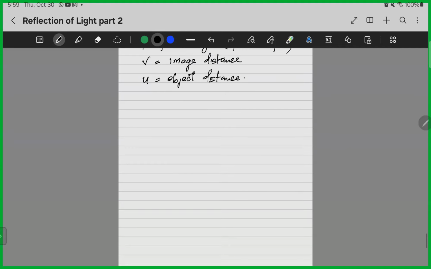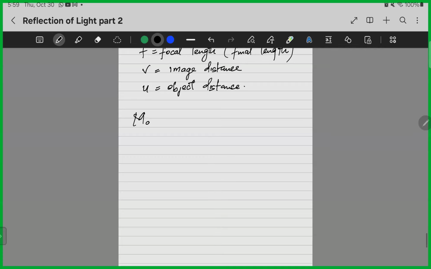Now, let's just talk about magnification. I might have mentioned this in a previous class, but this is about how much bigger the image is than the object.